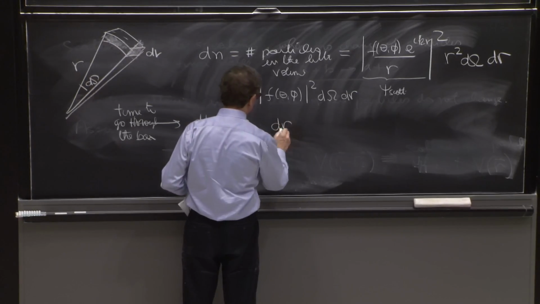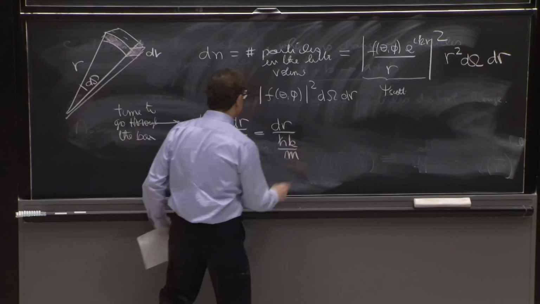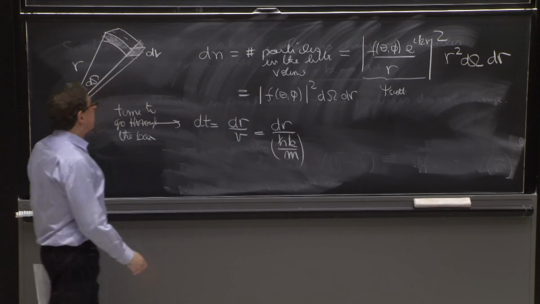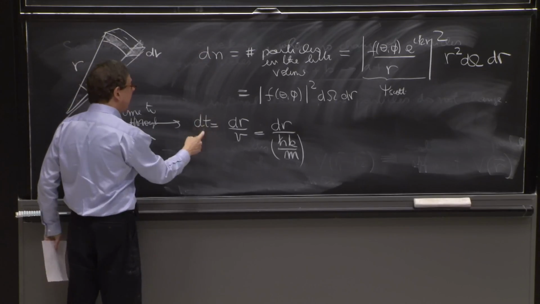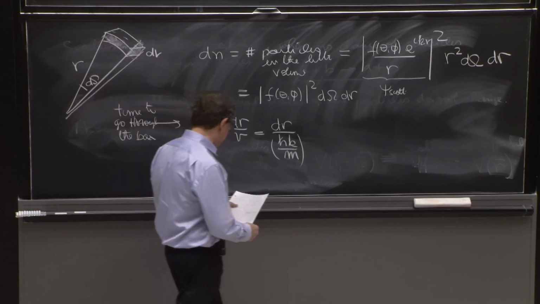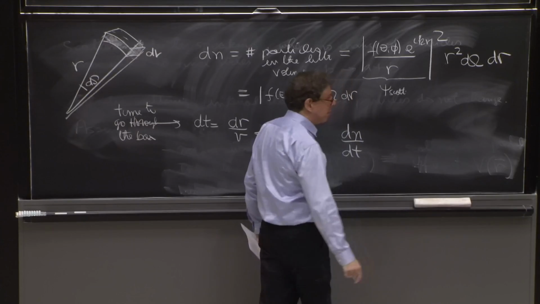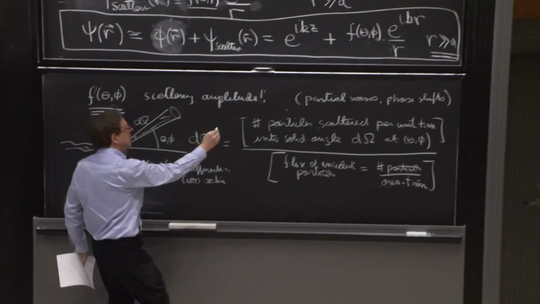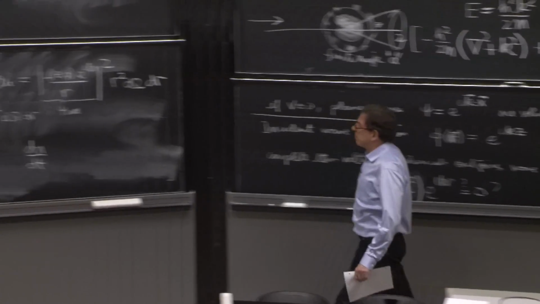So dr times the momentum over the mass, which is h bar k over m. Okay, so we have dn dt. This is the number of particles. We divide them to form the number of particles per unit time. So the ratio dn dt is the numerator of this quantity here.